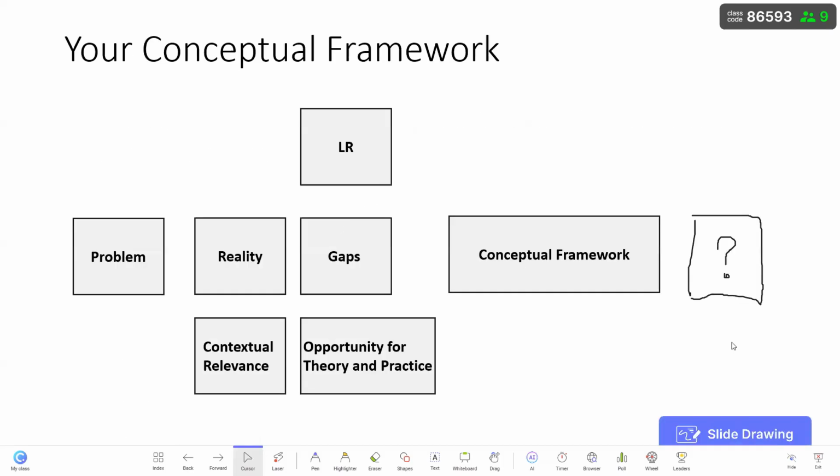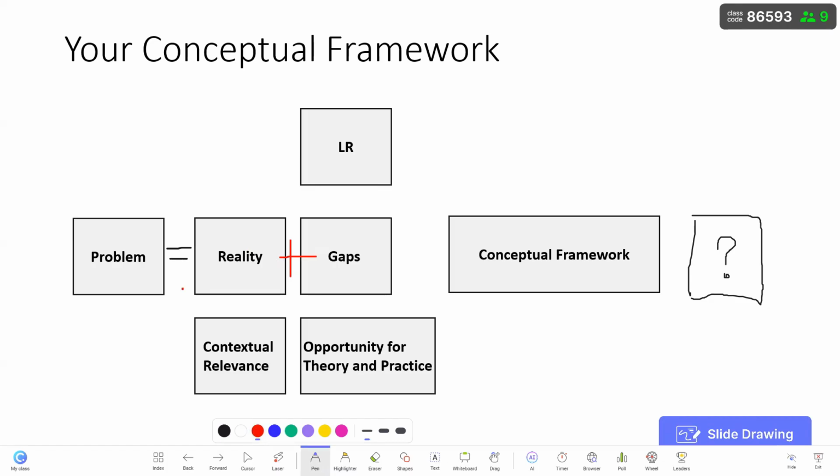So now, how can you create this? Once you realize a problem in reality, you need to go to the literature immediately. You identified the problem, right?